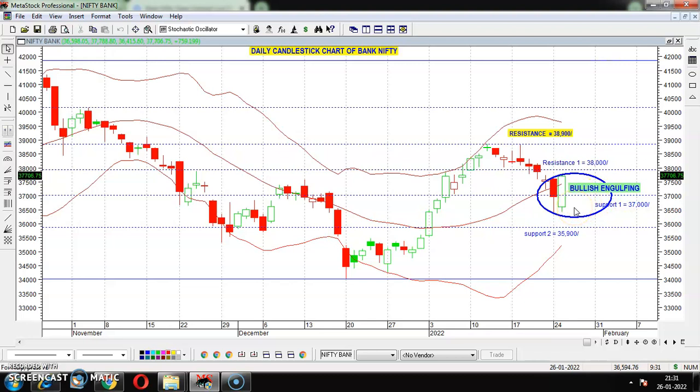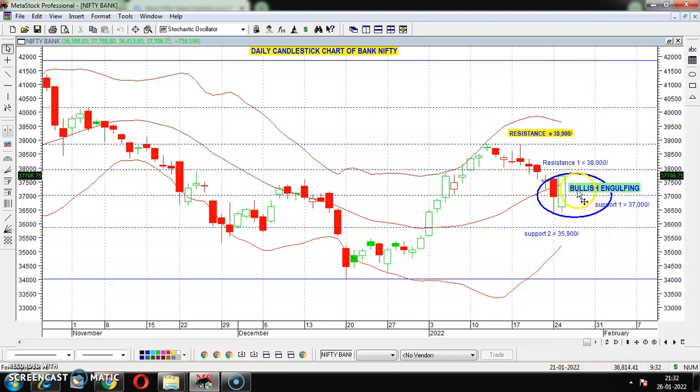If the Bank Nifty maintains trading above the 37,000s, then there is a possibility of a retracement toward the upside. This is a plus side, number one. Number two, Bank Nifty is still trading above the 38.2% favorable retracement zone, which is the golden ratio Fibonacci retracement zone.